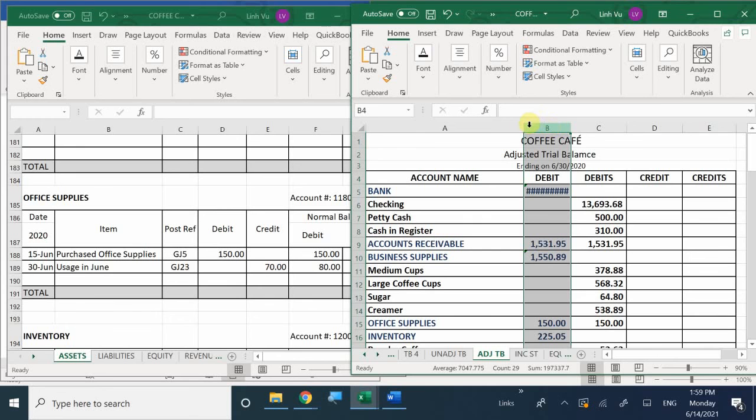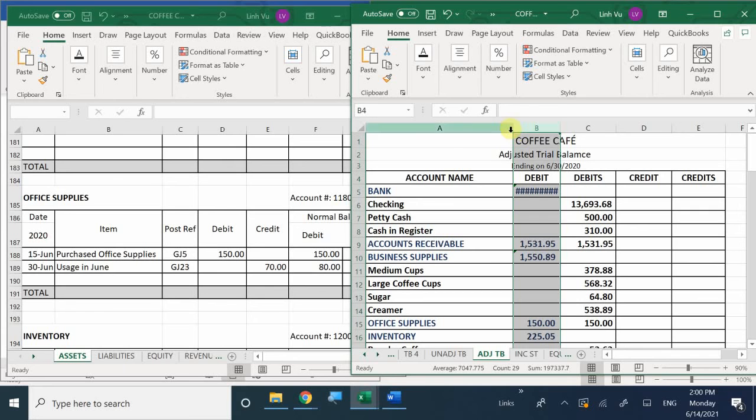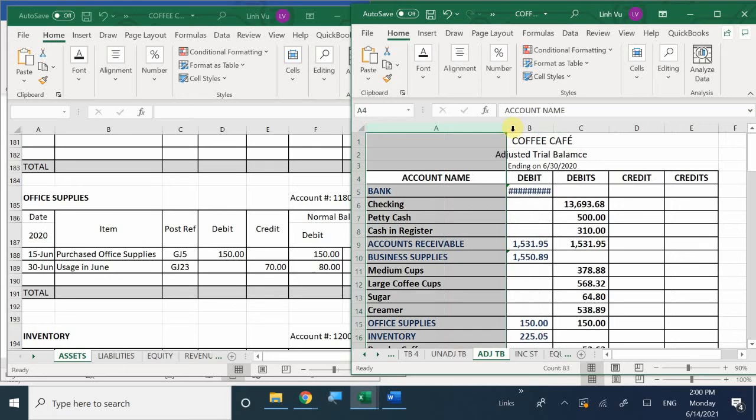I'm sorry, my adjusted trial balance is blank. We made a copy of the unadjusted trial balance. Do you need me to go through it again, like how to make a copy of it?